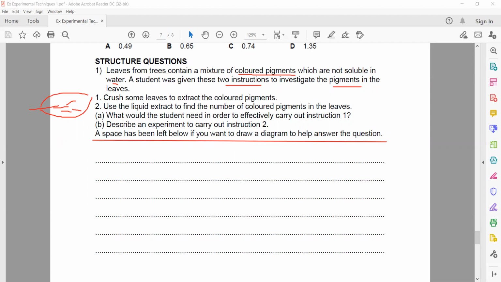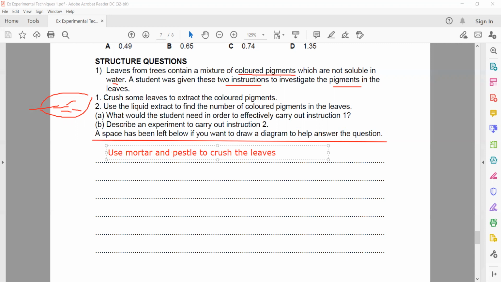Yeah, that's right. So the student should use mortar and pestle to crush the leaves. That is one thing. But we want to extract the color also.